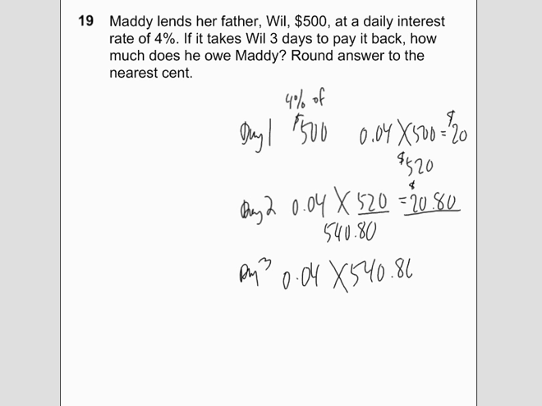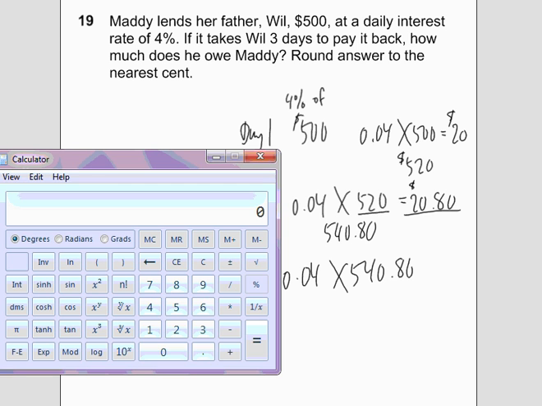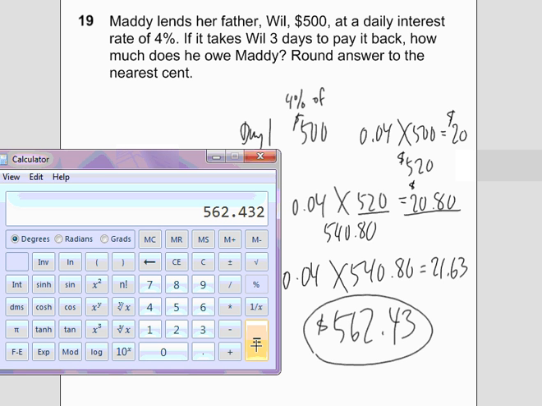I can use a calculator for this one. So it's 4% of 540.80 equals another $21.63. Add that on to the $540.80 I owe her, and I end up owing her a total of $562.43. So Maddie lending me the $500, because I didn't pay it back for 3 days, I owe an additional $62.43 in interest. Compounded interest.